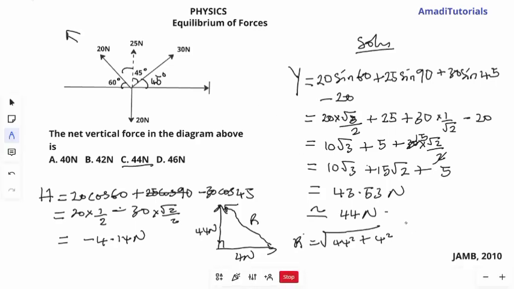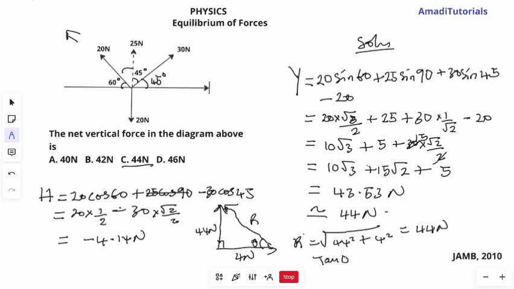And if you were told to find the direction of the resultant, so you put there our resultant. Our resultant will be equals to, it's still approximately 44 Newton. And then if you were told to find the direction theta, then you find a trig ratio that will relate these two known sides, and that is tan.